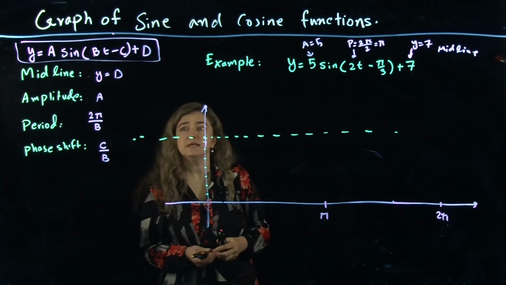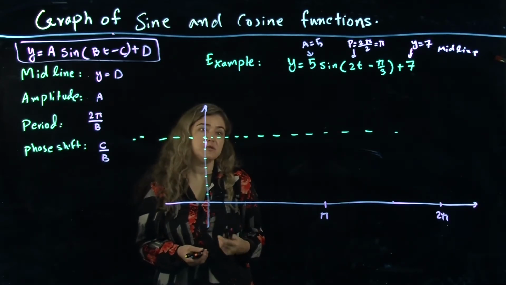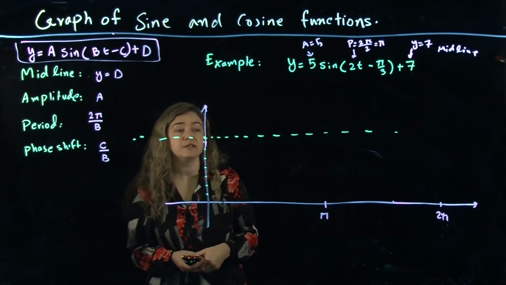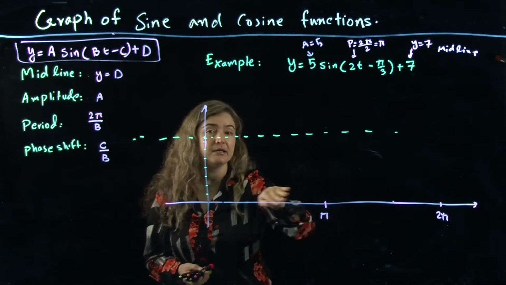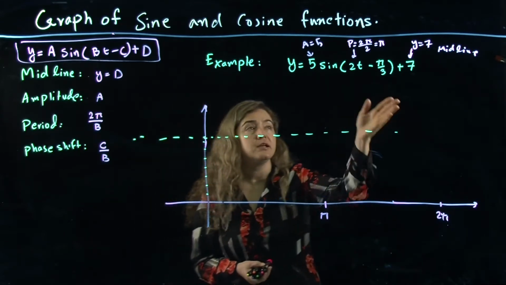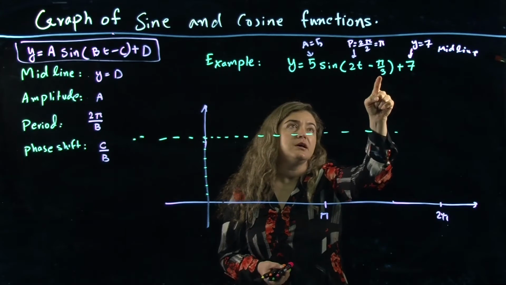And then the last thing is the phase shift. What does the phase shift mean? Phase shift is how much shift we get on the x-axis, or the horizontal shift.